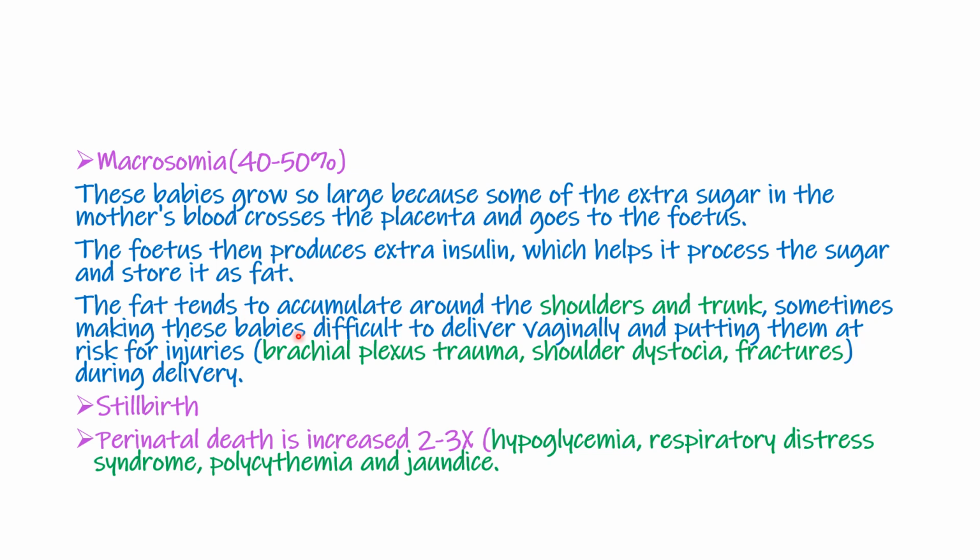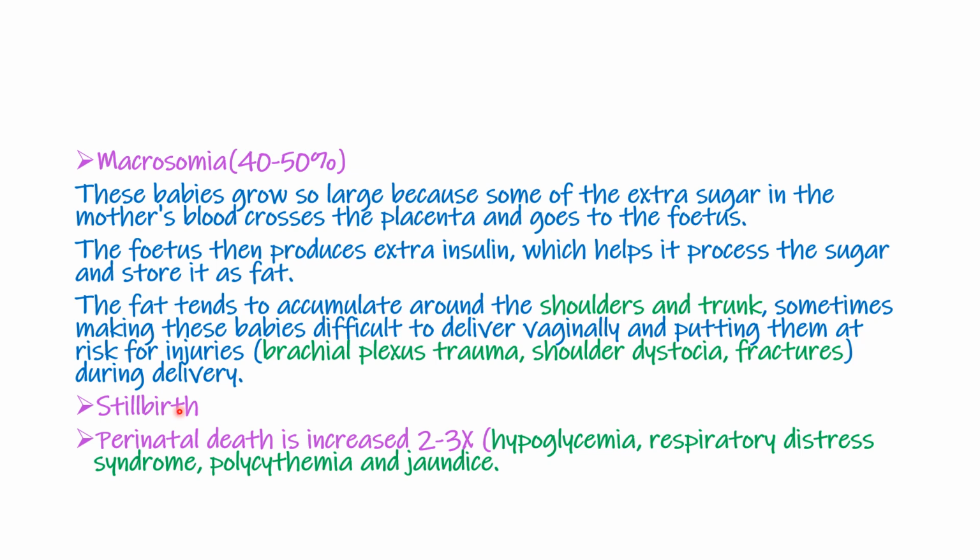These fats tend to accumulate mostly in the shoulders and the trunk. That is where, during labor, the head is already out, but we have difficulty delivering the shoulder, leading to shoulder dystocia, sometimes making it difficult for babies to deliver vaginally and putting them at risk of brachial plexus trauma, shoulder dystocia, and fractures during delivery.